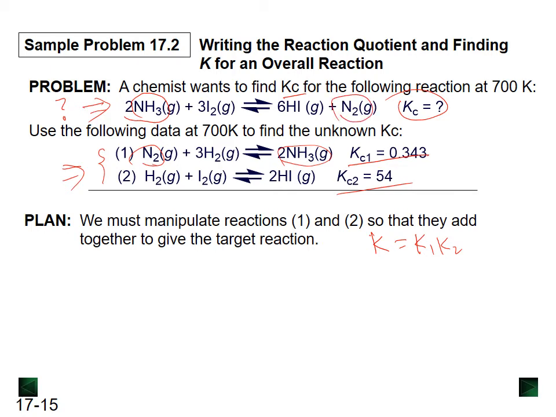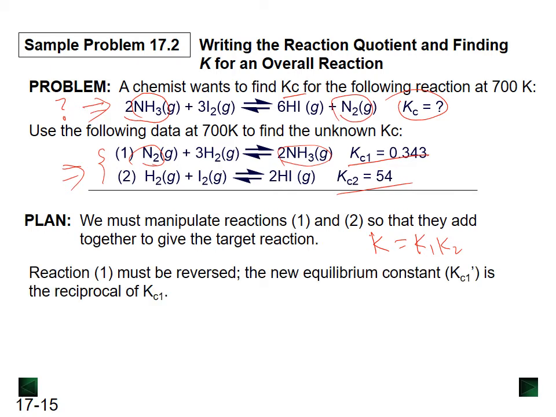So we must reverse reaction 1 to get the unknown reaction. And from the last slide, if we reverse a reaction, the equilibrium constant will be inverted, so 1 divided by the original K constant. So that's one you need to remember.